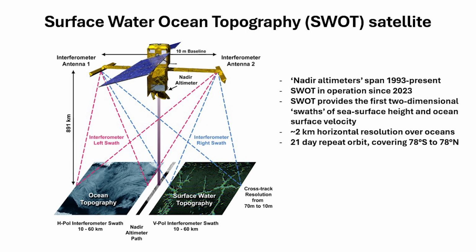And for every pass, it's on the order of 1,000 times more data for one satellite than we were getting from these 7 satellites, this constellation. So it's a complete revolution in satellite oceanography, specifically physical oceanography, because we're measuring the ocean currents using this. And it's been orbiting since 2023.